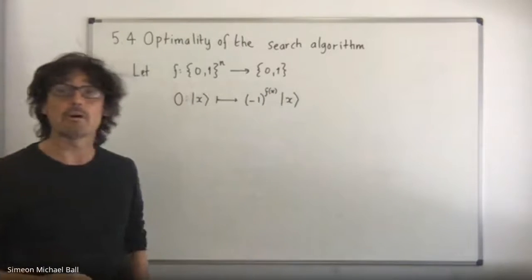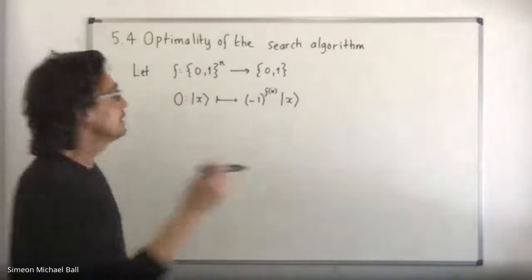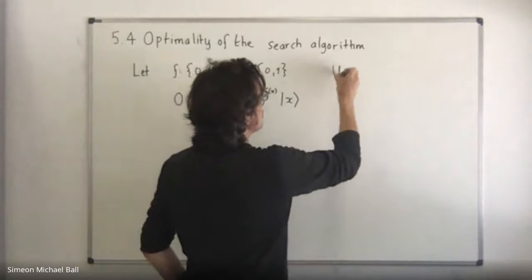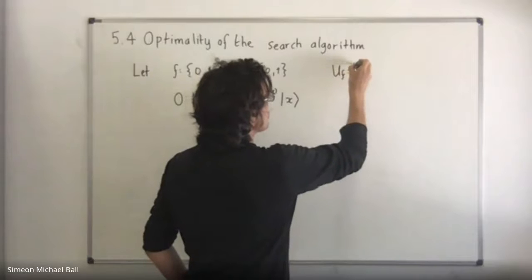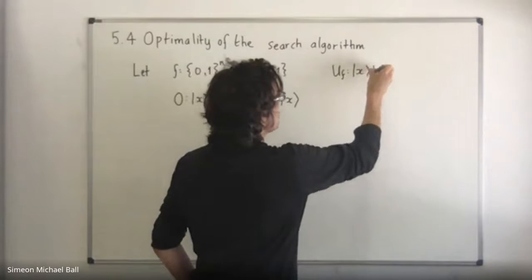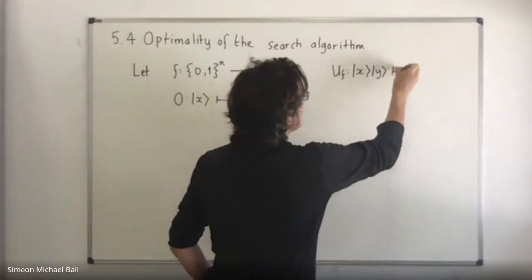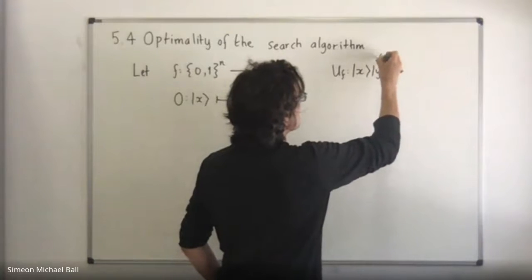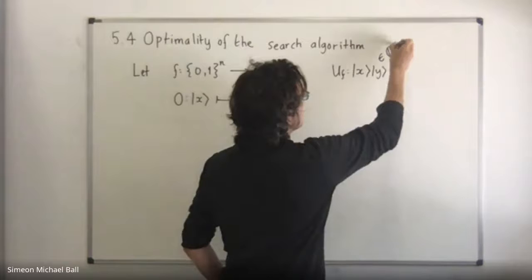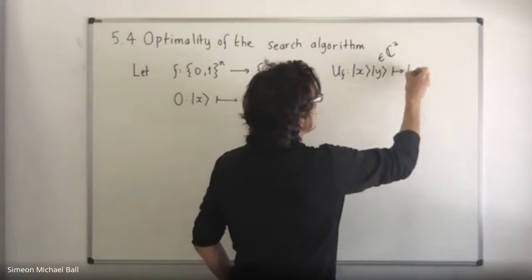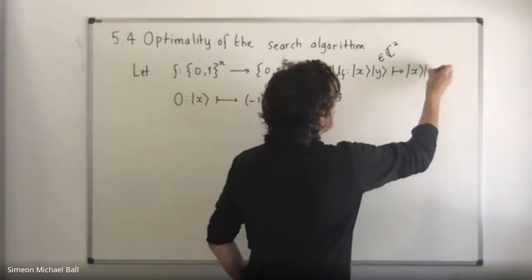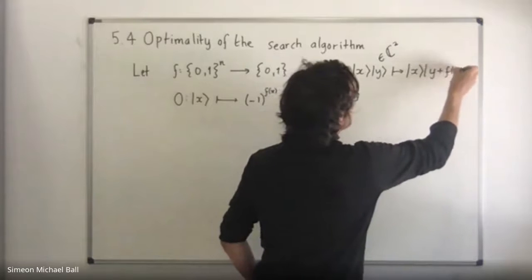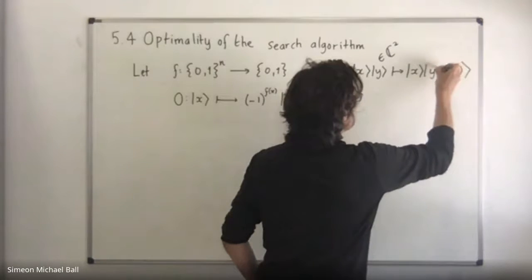And we did that by means of setting up a unitary transformation U_f, which took |x, y> to |x, y + f(x) modulo 2>, where y is just a single qubit.